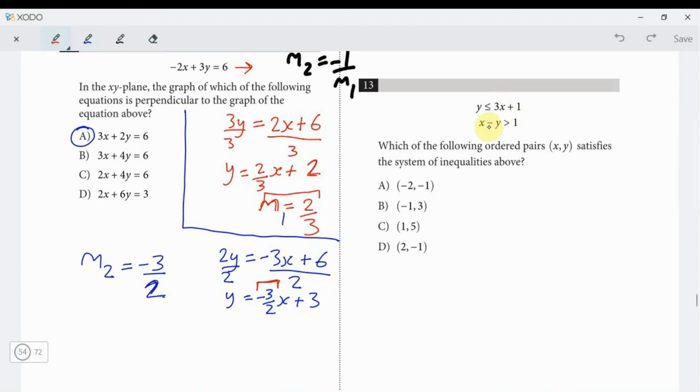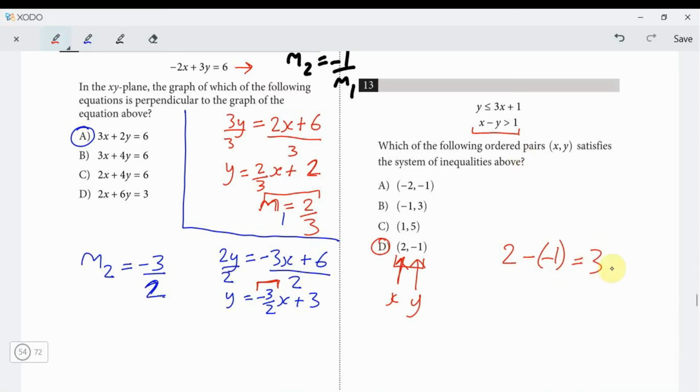My apologies. From down here, it says that x minus y should be greater than 1. So, as I see this, when I subtract the y value from the x, it must be positive. The only option that is standing out to me already is this one. Because look, when x is 2, remember in the coordinate system, this is x and this is y, what they're saying here is 2 minus 1, that would be equal to 3.